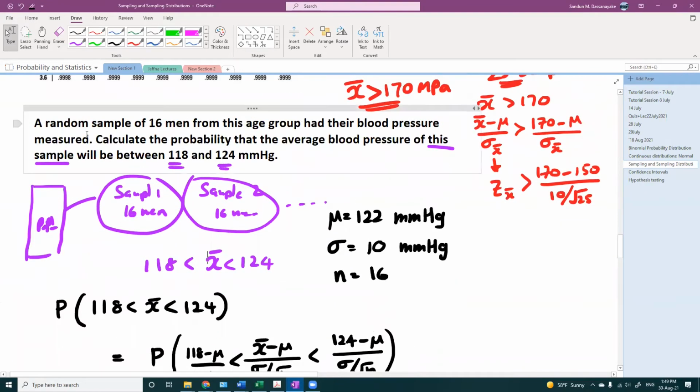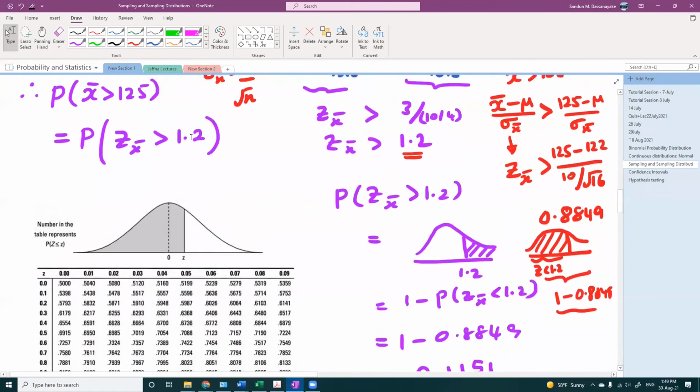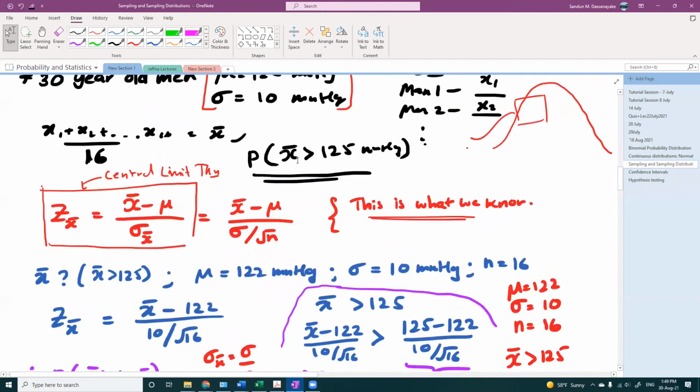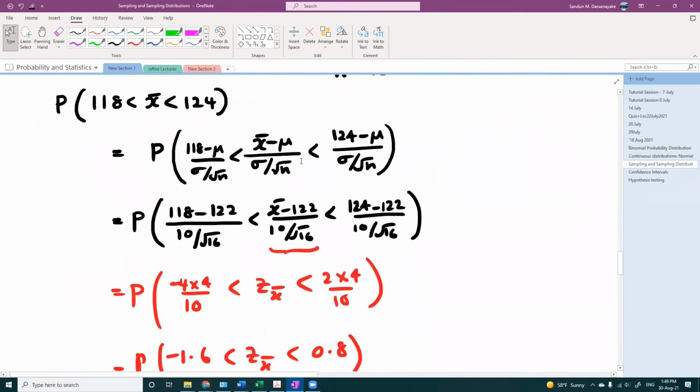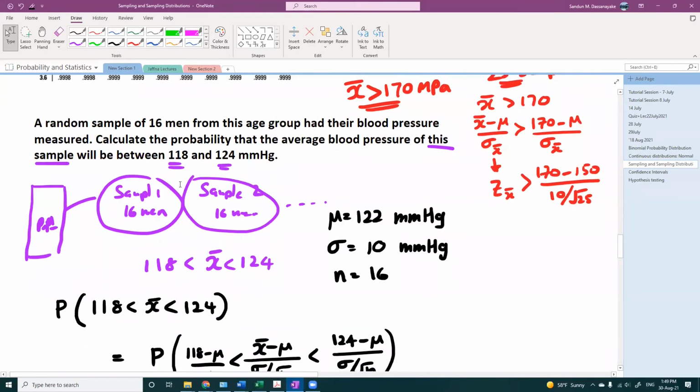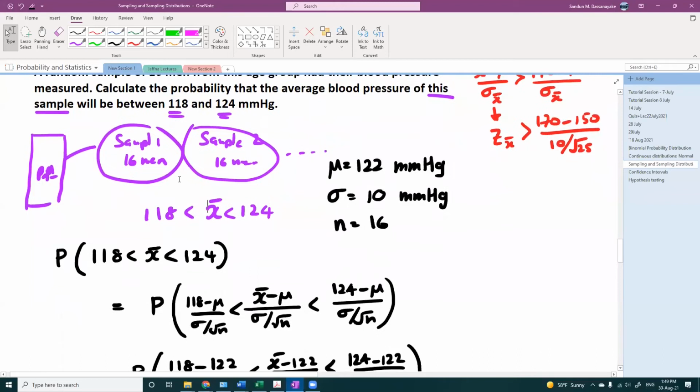All right, let's look at this question. A random sample of 16 men from this age group, the 30-year-old men, had their blood pressure measured. Calculate the probability that the average blood pressure of this sample will be between 118 and 124.